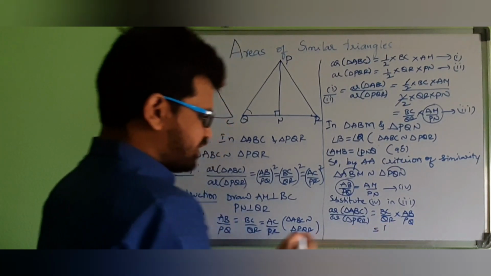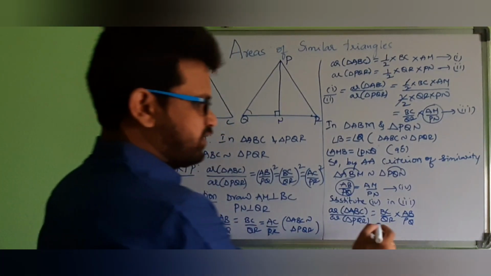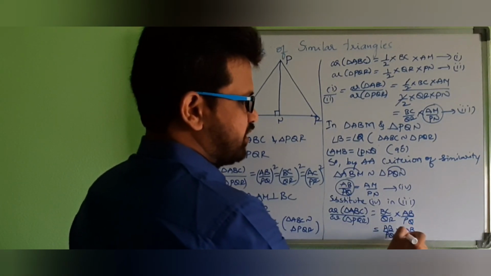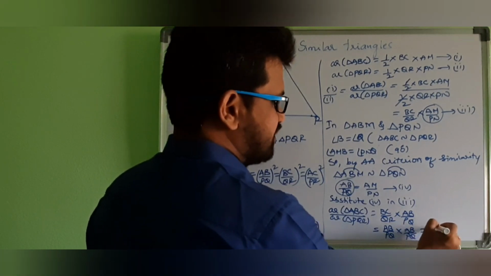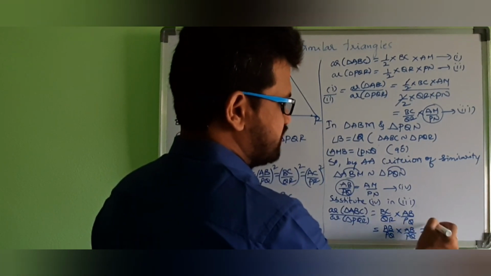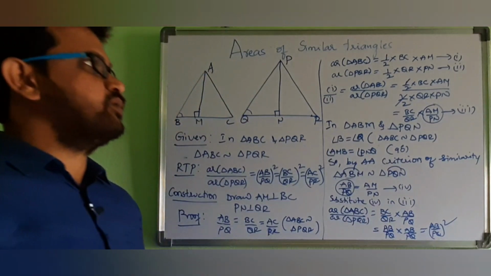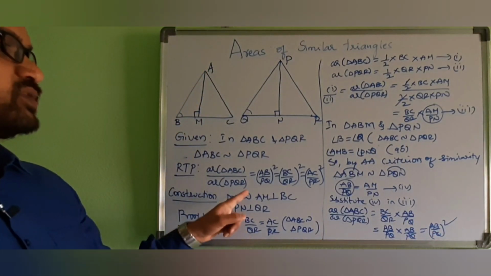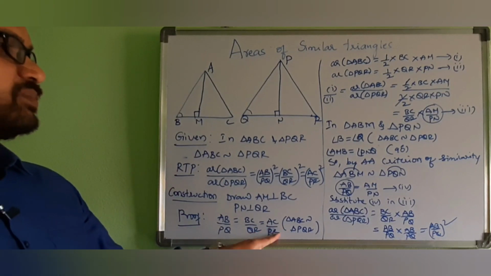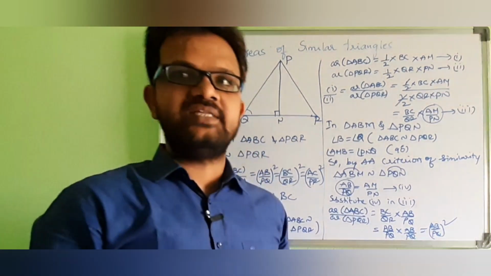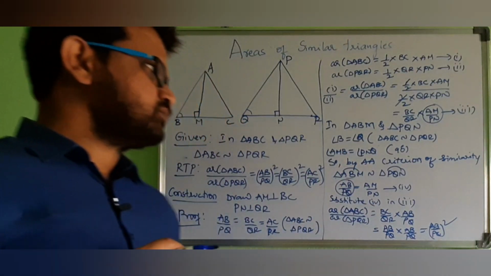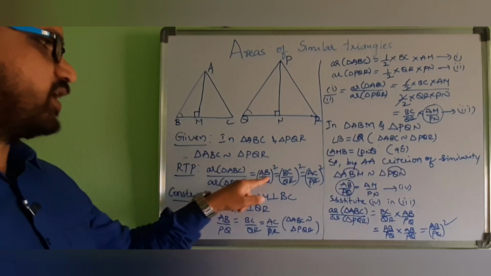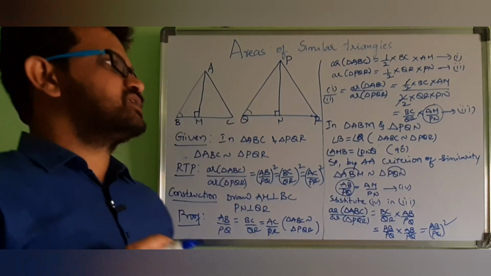So AB by PQ into AB by PQ is AB by PQ whole square. AB by PQ is nothing but BC by QR whole square, and that is nothing but AC by PR whole square. Hence proved. The ratio of the areas of two similar triangles is equal to the ratio of the squares of their corresponding sides.